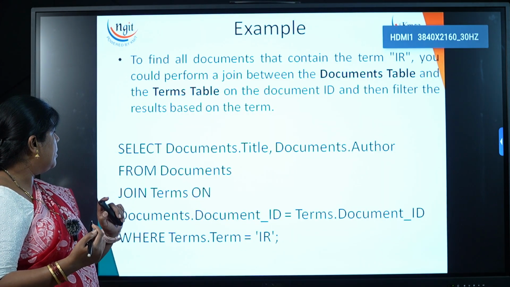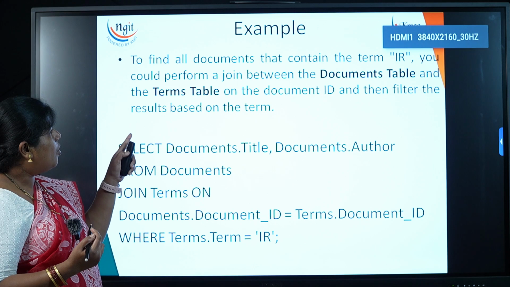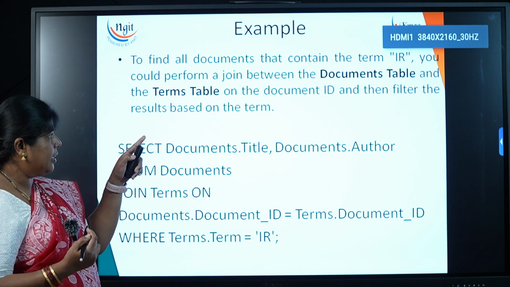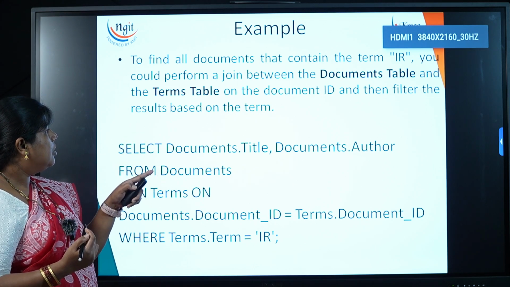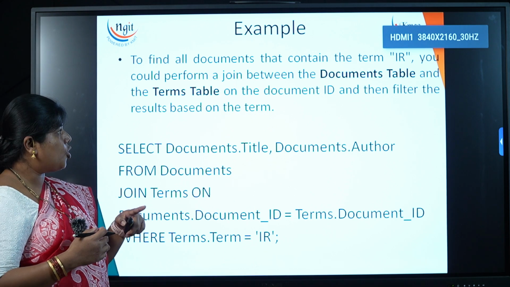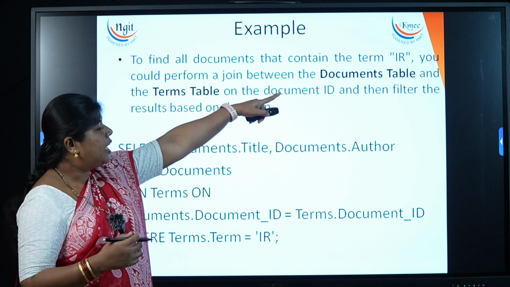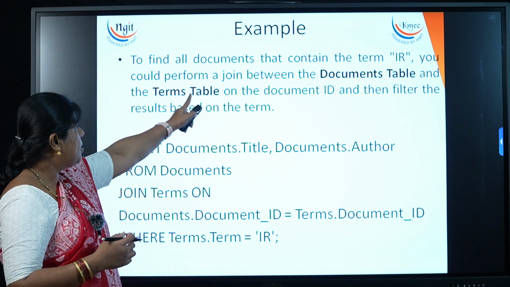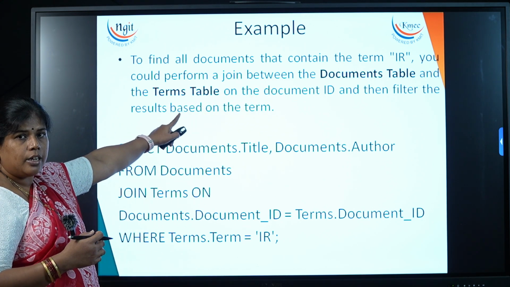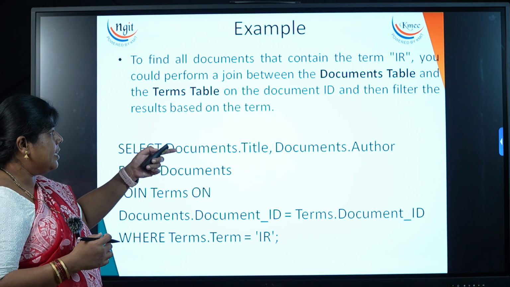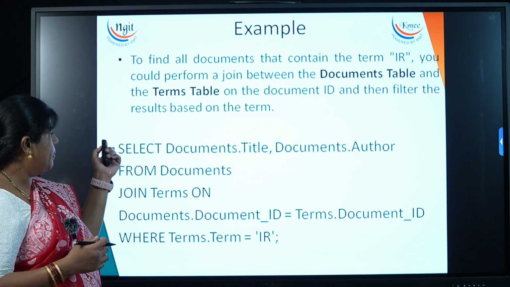Now for example, listen, I want to find all the documents containing the term IR. Then what should we do? We should join the document table as well as the term table, because the term is present in which table? Term table. And document ID is present in which table? Document table.